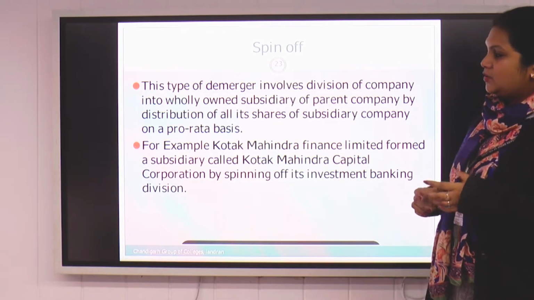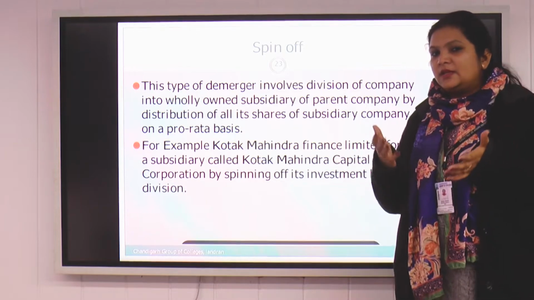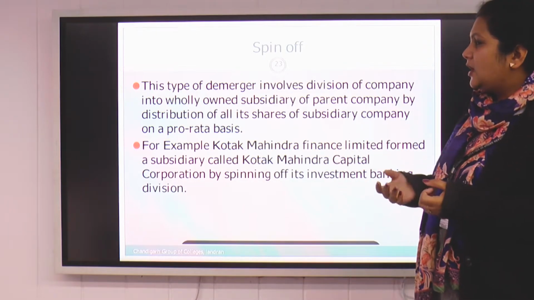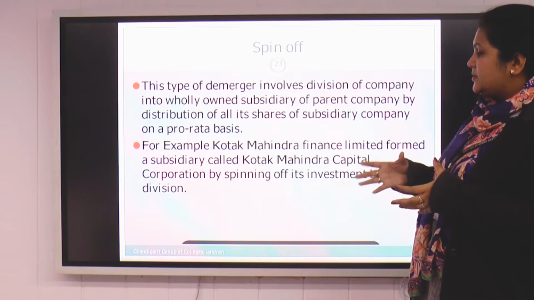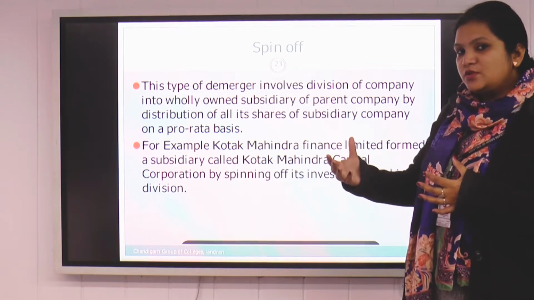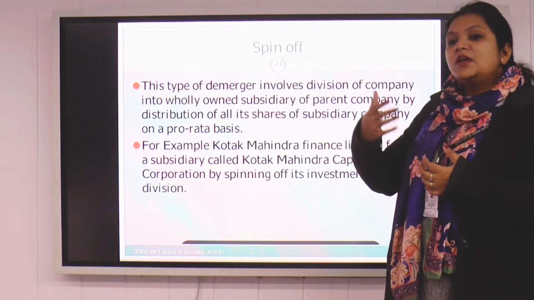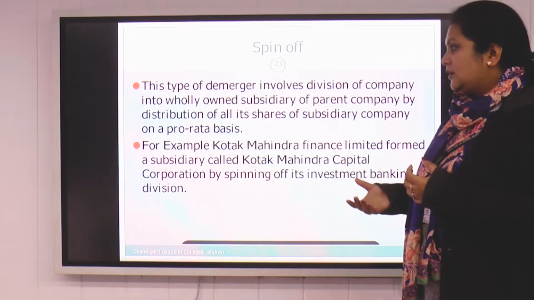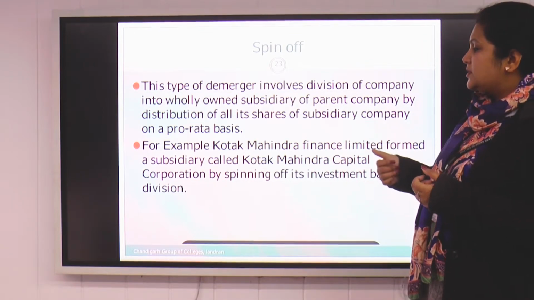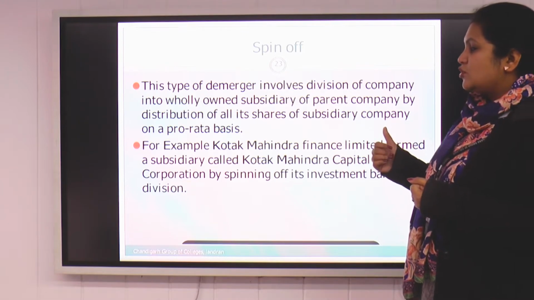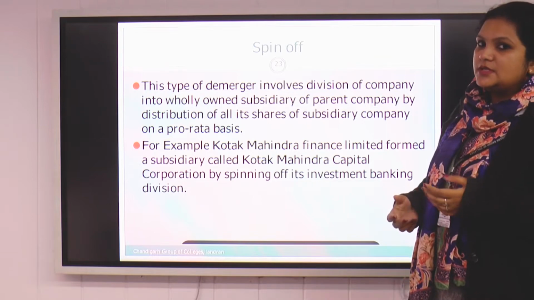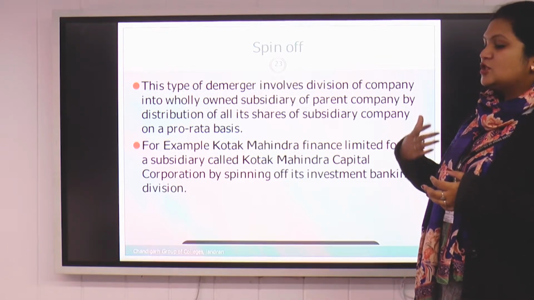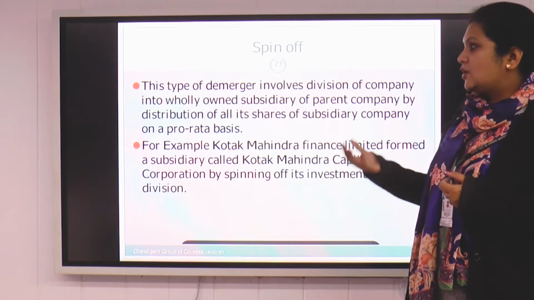Now in your company, if you feel it is not profitable or there is some other reason, and you want to spin it off, you will make that company, wholly owned, your subsidiary, and sell its shares to someone else. Right? Into a wholly owned subsidiary of the parent company by distribution of all its shares of the subsidiary company on a pro rata basis. On a pro rata basis you sell off its shares, that is called spin-off.